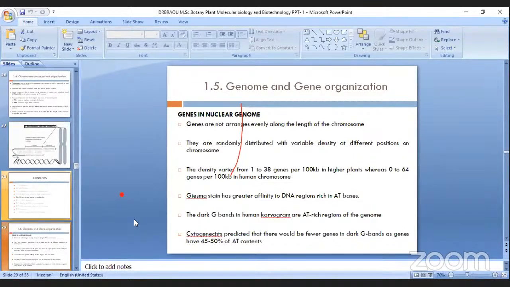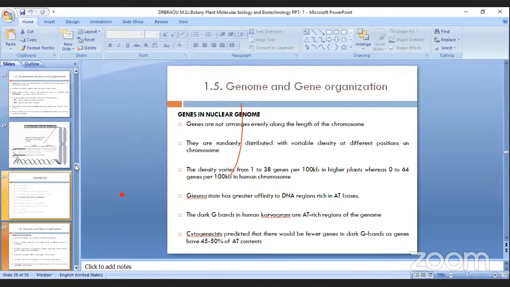We use Giemsa stain. Giemsa stain has a greater affinity to DNA regions that are rich in AT bases. So the dark G bands in the human karyogram are AT-rich regions of the genome.